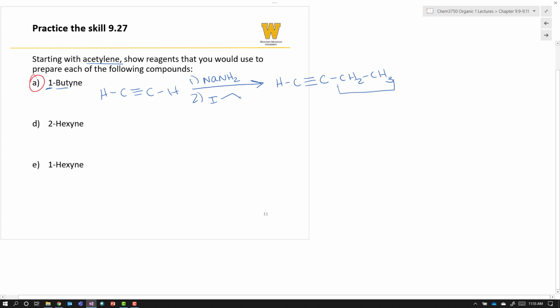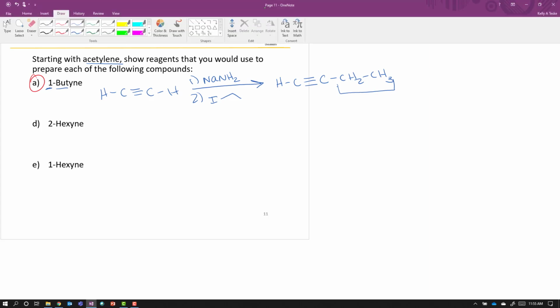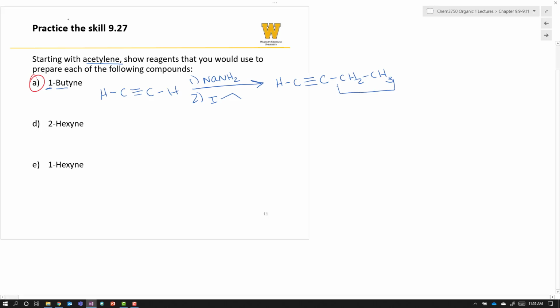Let's take a look at 2-hexyne. Draw out 2-hexyne. So we're going to have a methyl at the end. That's carbon 1. Carbon 2 is where that alkyne starts.